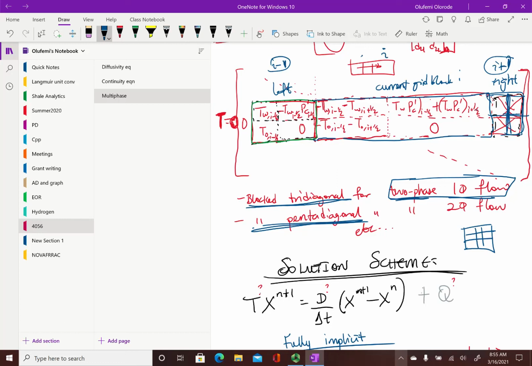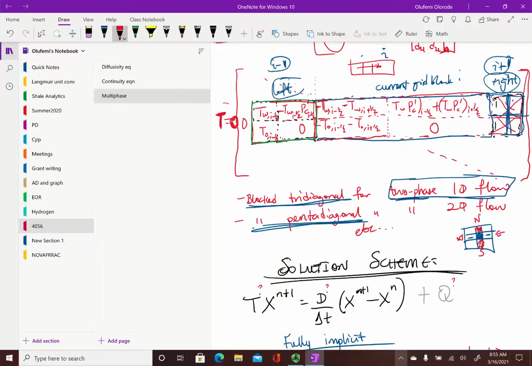Why? In addition to the grid blocks on the left and right of this cell, which will look just like this, you will have grid blocks above and below, like this and that, which will be, we like to use east, west, north, whatever. So instead of left and right, we'll use west and east, then we'll use north and south.